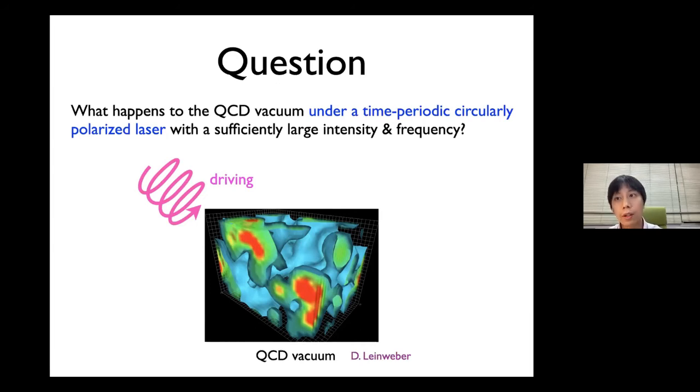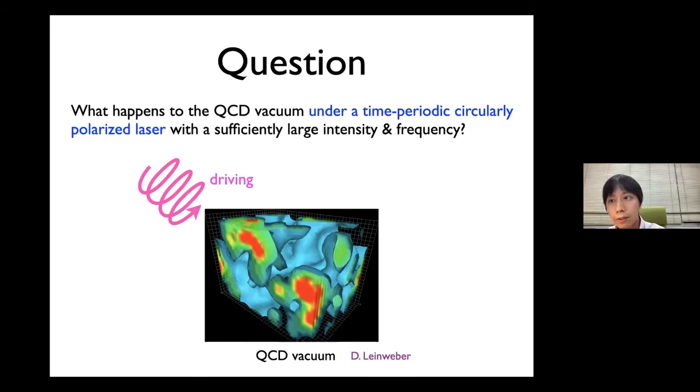Of course, this is not feasible within the current experimental reach, but this is a matter of principle question. And it turns out in this case, again, the QCD vacuum becomes the Chiral lattice.